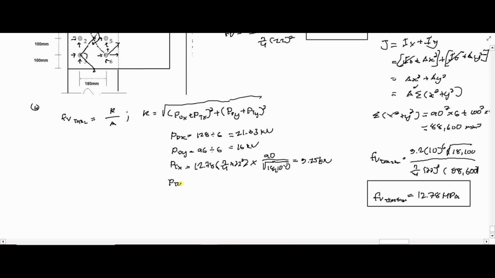And PTY will be 12.78 times pi over 4 times 22 squared times 100 over square root of 18,100. So this will be 3.6 kilonewton. Okay, so we can solve for R by substituting these values.